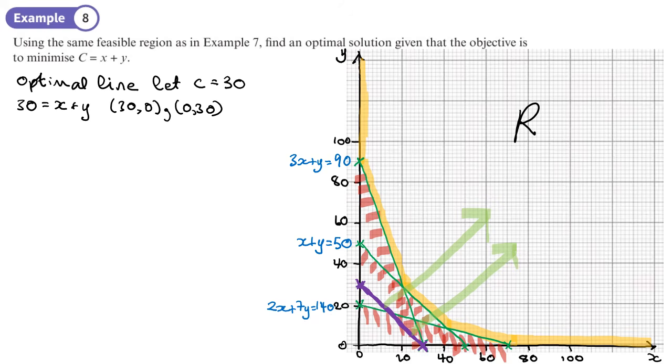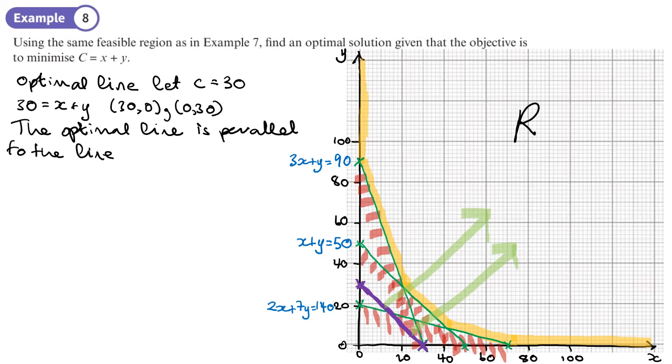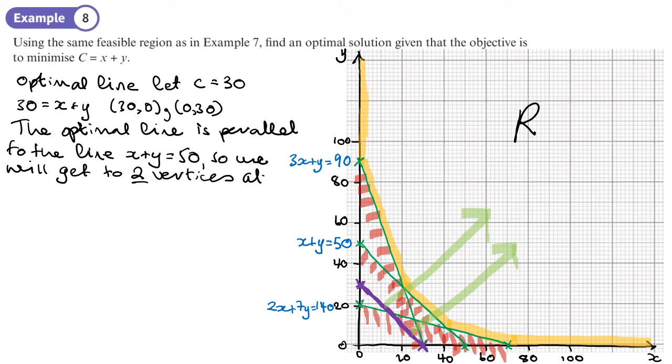So we'll just write that down, that the optimal line is parallel to the line x plus y equals 50, so we will get to or hit two vertices at the same time.